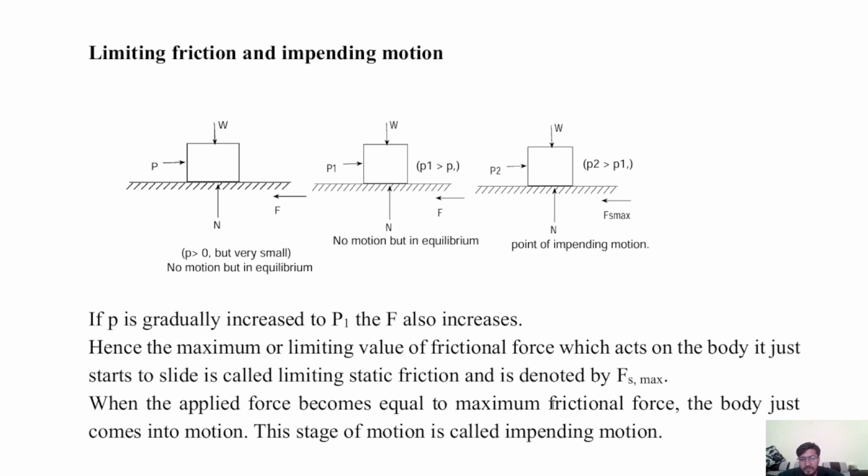If this applied force P is gradually increased to P1, the friction force F also increases. Hence, the maximum or limiting value of frictional force which acts on the body when it just starts to slide is called limiting static friction and is denoted by Fs max.